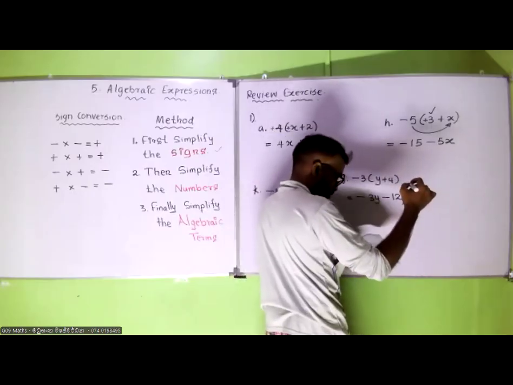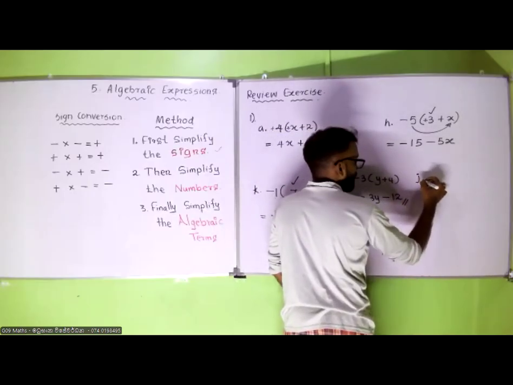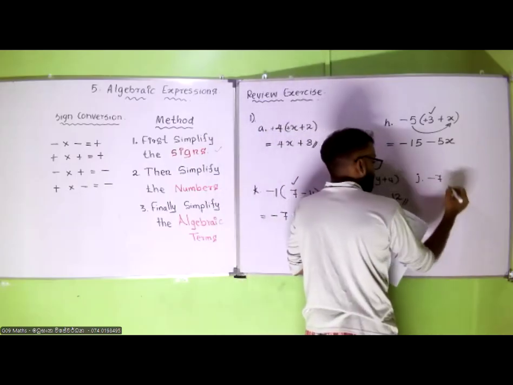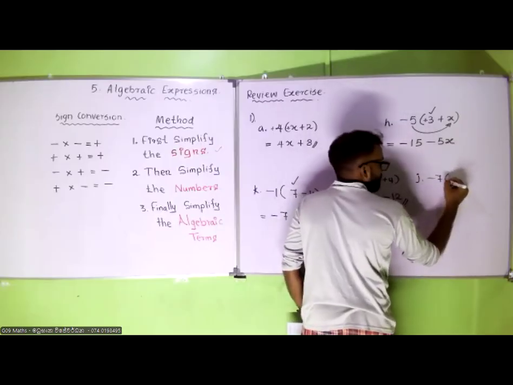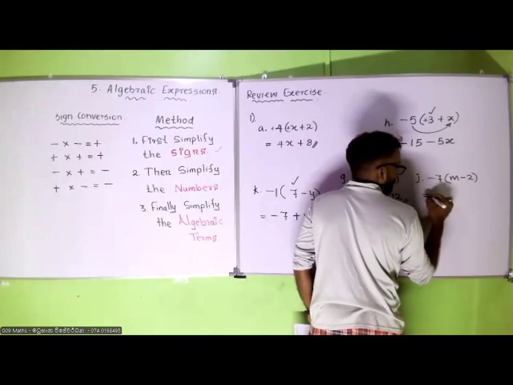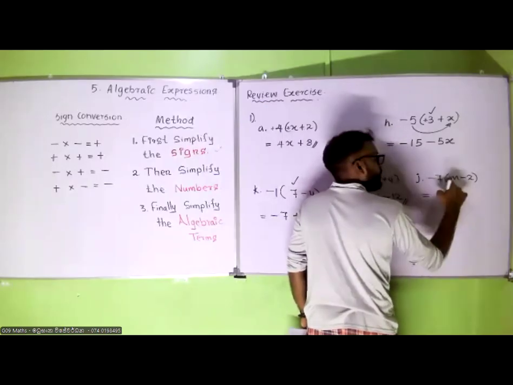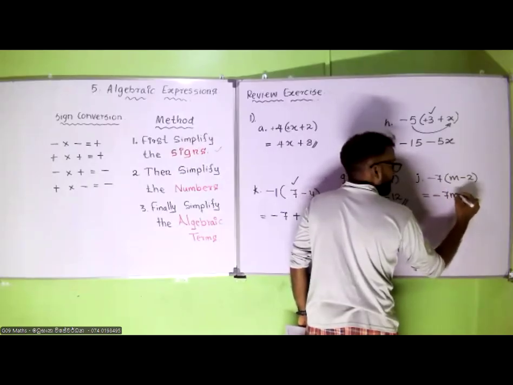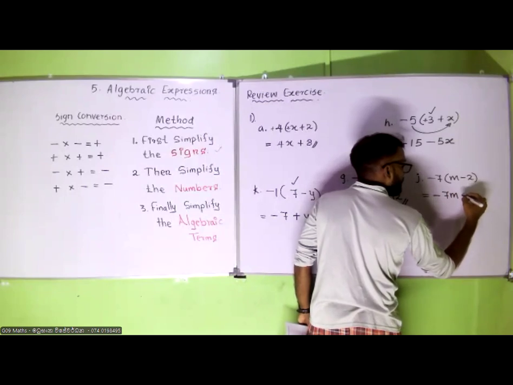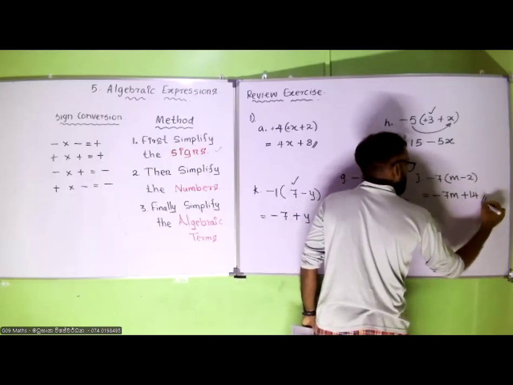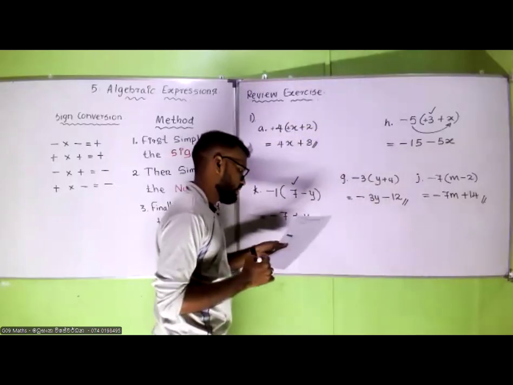Then you have to do J: negative 7 times m minus 2. Negative into positive, negative 7 times m, negative 7m. Negative into negative, positive 7 times 2, 14. That is the answer for J.